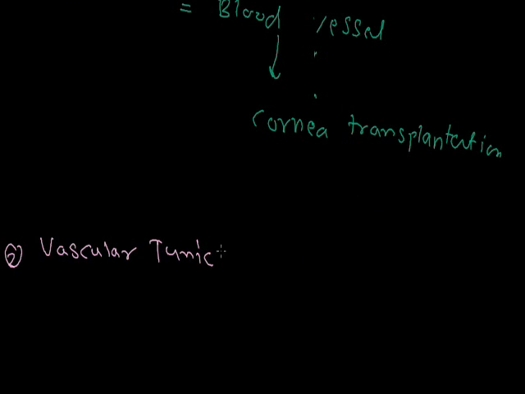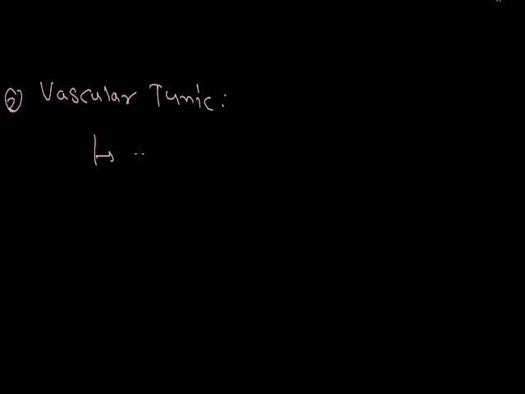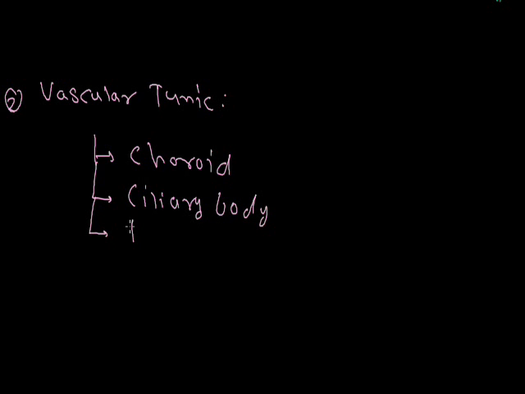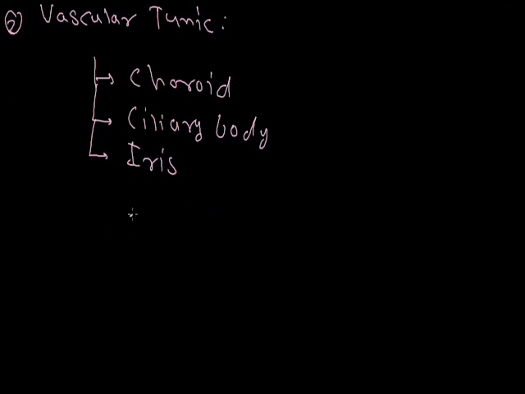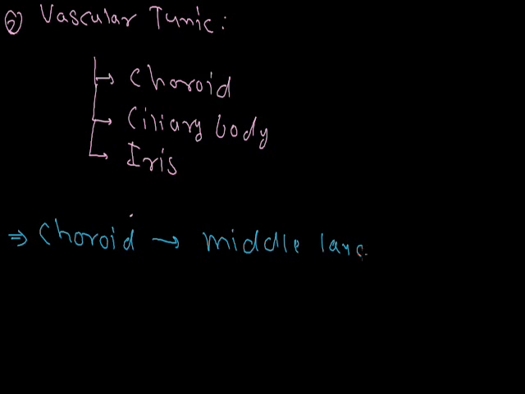The vascular tunic consists of three layers: choroid, ciliary body and iris. All three layers have blood vessels. Now we will discuss the choroid. The choroid is the mid layer and has blood vessels, and the second is the ciliary body.